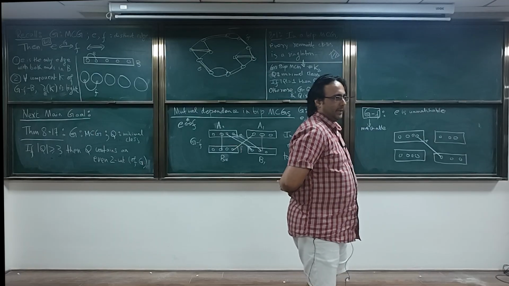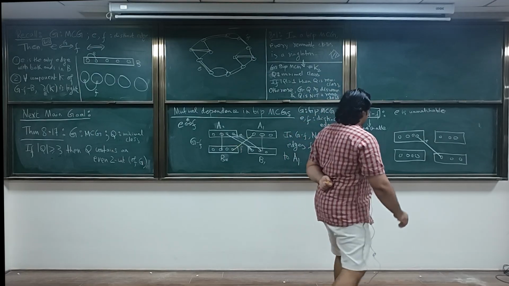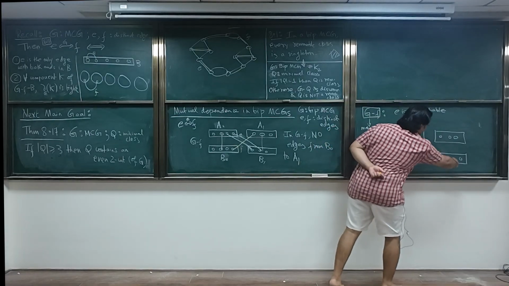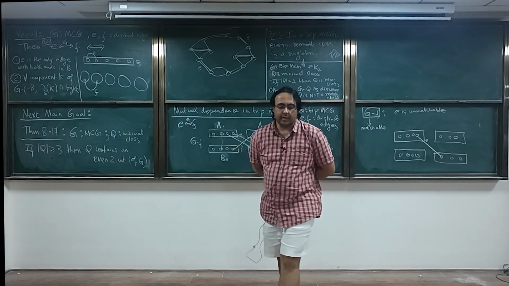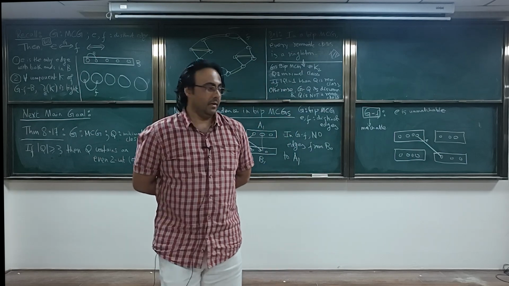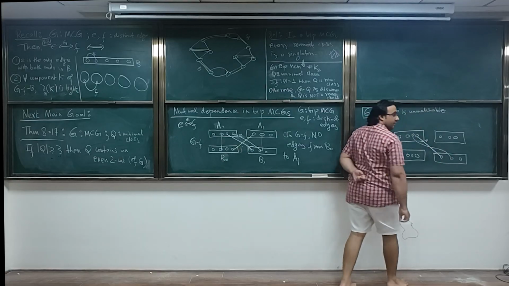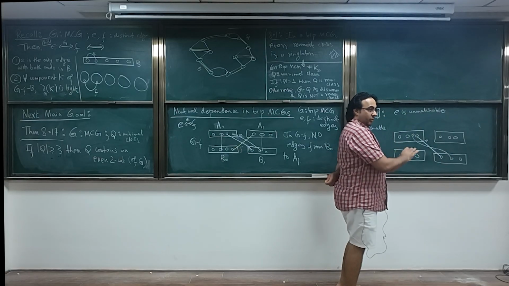This is the reason E is unmatchable. There are no edges from here to here in G minus F, and E is an edge that goes like this. Therefore, E is not matchable. Yeah? And there could be more such edges. There could be another edge like this. I'm not saying E is the only edge.